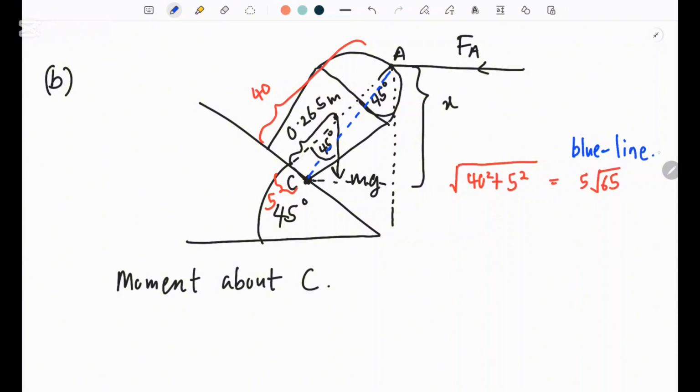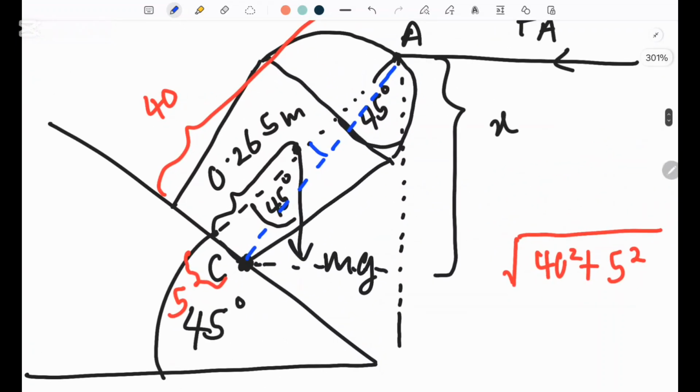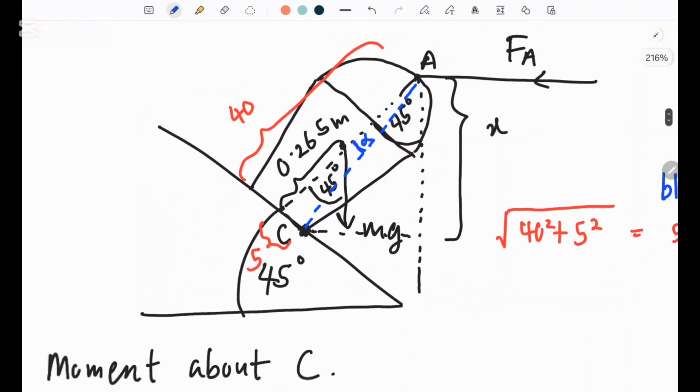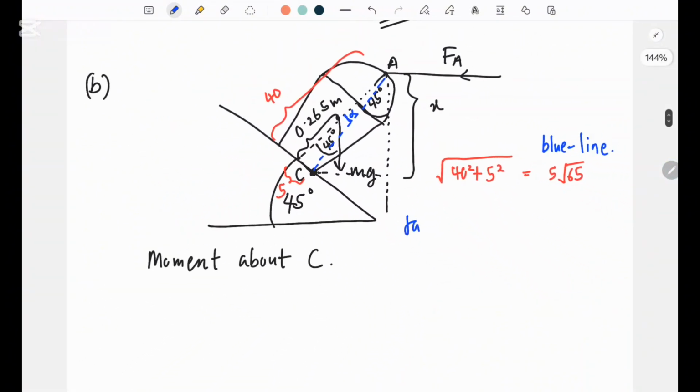Okay, and we'll also have to find the angle, this tiny angle. So how do you find that? We can call it alpha. That tiny angle alpha is going to be, so tan alpha equals 5 over 40, right?